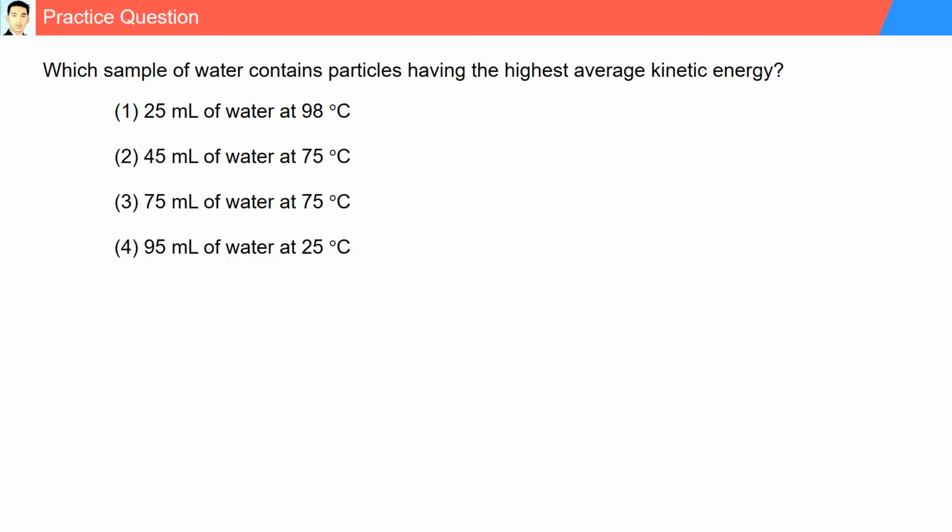Which sample of water contains particles having the highest average kinetic energy? In this example, we are asked to identify a sample with the highest average kinetic energy, or the temperature. Here we observe choice 1 at 98 degrees Celsius is the highest temperature, which is the highest average kinetic energy.